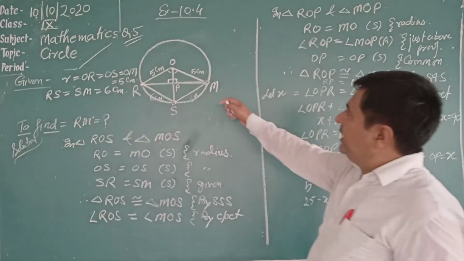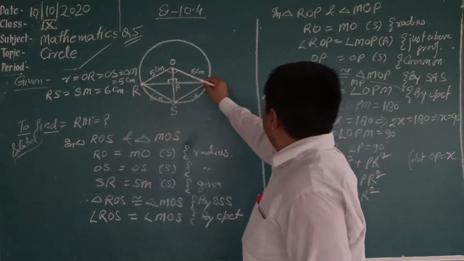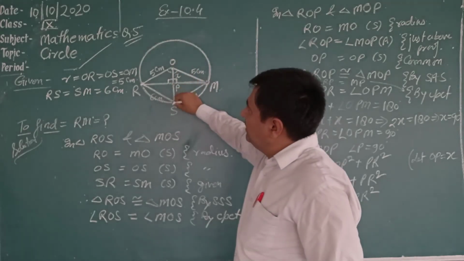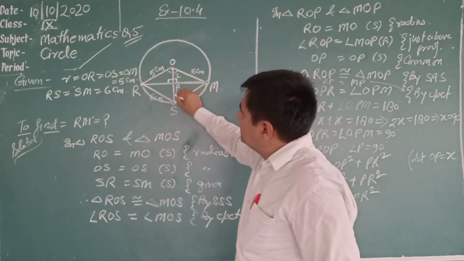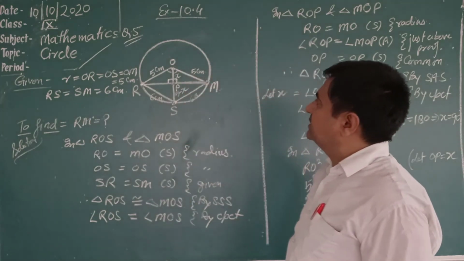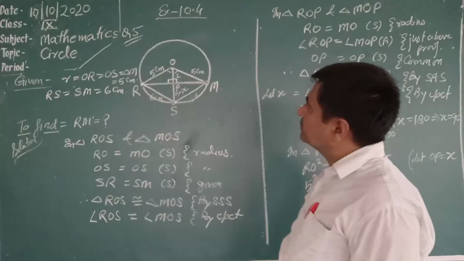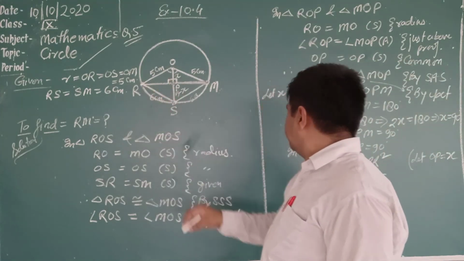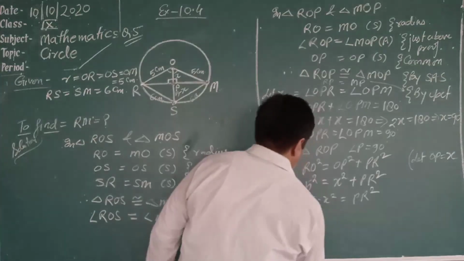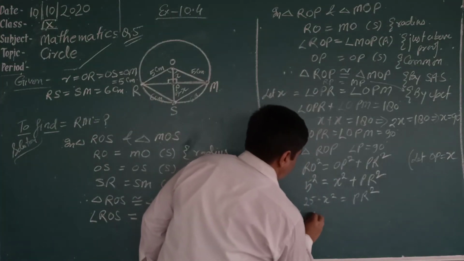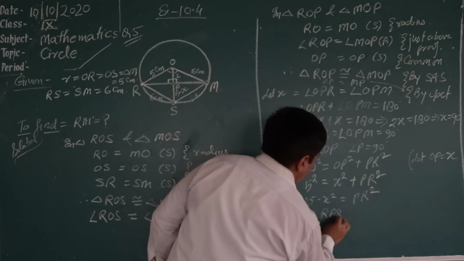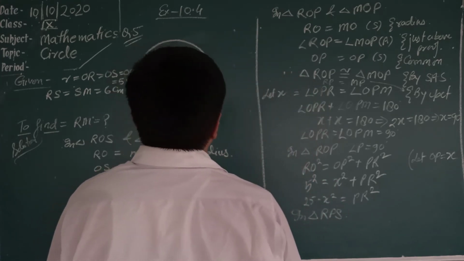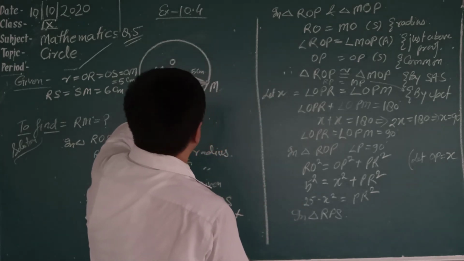Okay, now here we took OP as x, so what is OS? 5 centimeters, because it is a radius, so how much will this distance be? 5 minus x. So now in triangle RPS, we apply the Pythagoras theorem.